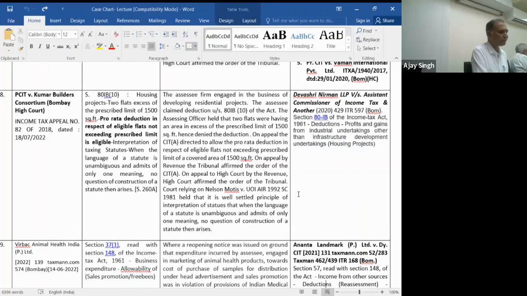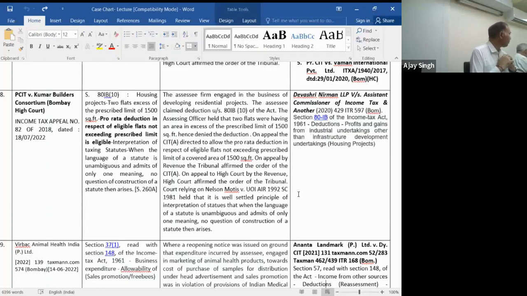CIT appeal gave a partial relief, the assessee went to the tribunal, and the department did not go to the ITAT against the partial relief. But after the ITAT order, the department goes to the High Court. Is this correct? Can't it be said that they have accepted the CIT appeal, because there is neither a cross objection nor an appeal at the ITAT level?